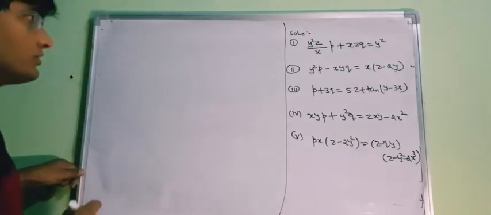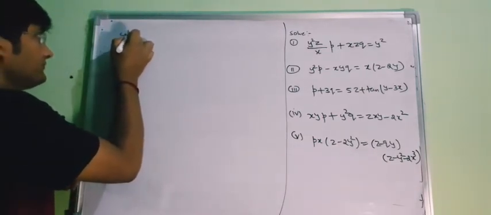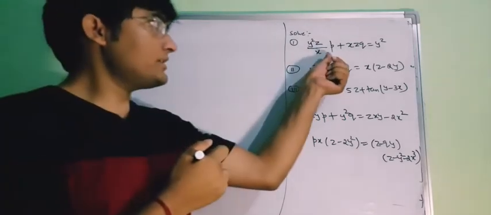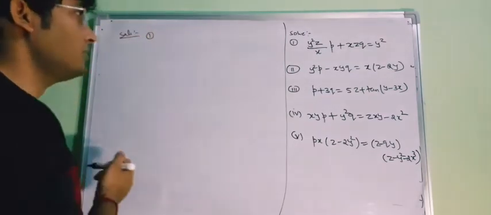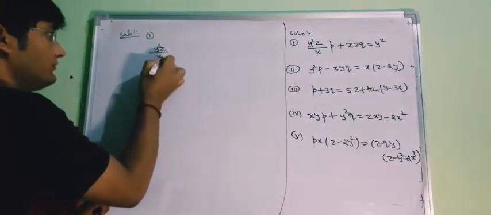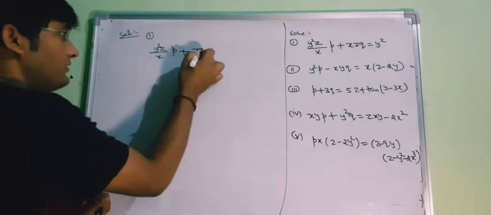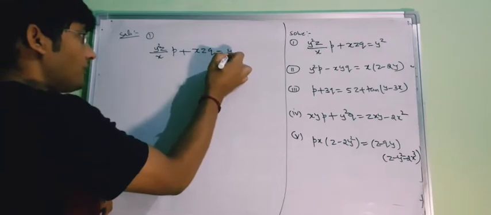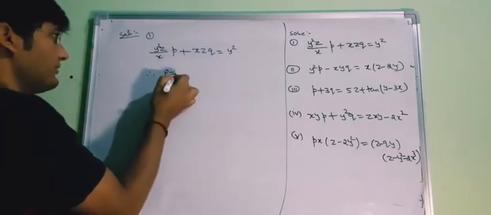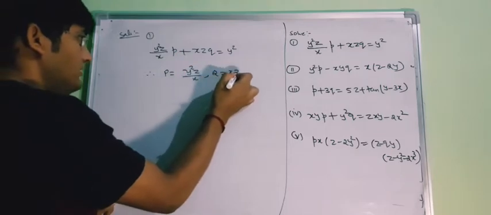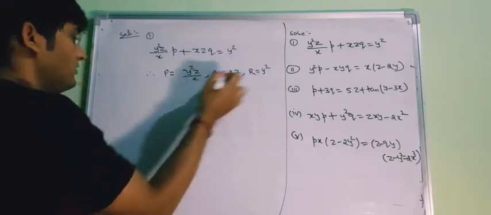So let us start with problem number 1. Here you can see that the problem is in Lagrange form. So this is of the type capital P into small p plus capital Q into small q equal to R. Here you can see that your capital P is y square z upon x, Q is xz, and capital R is y square.